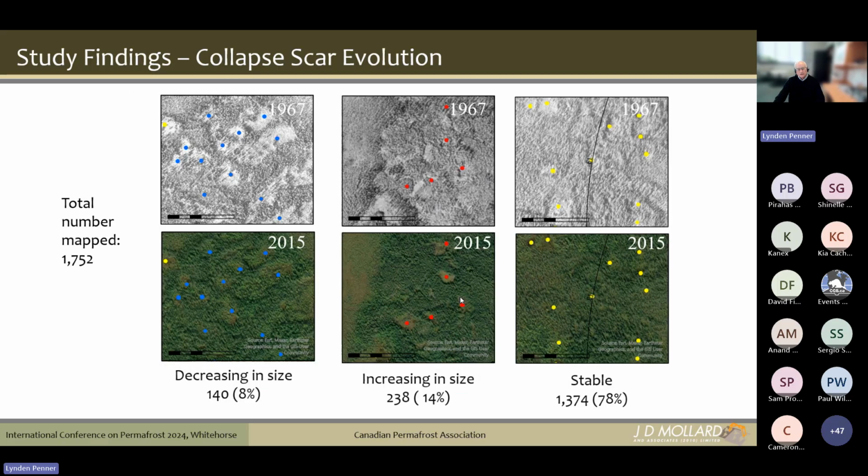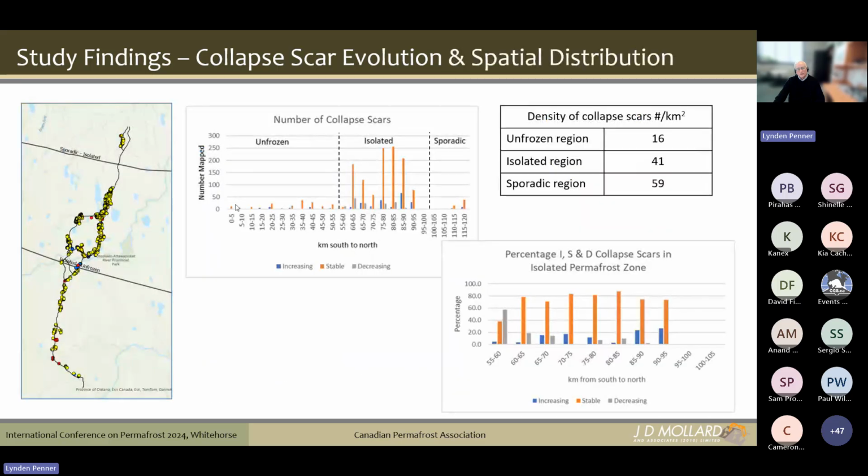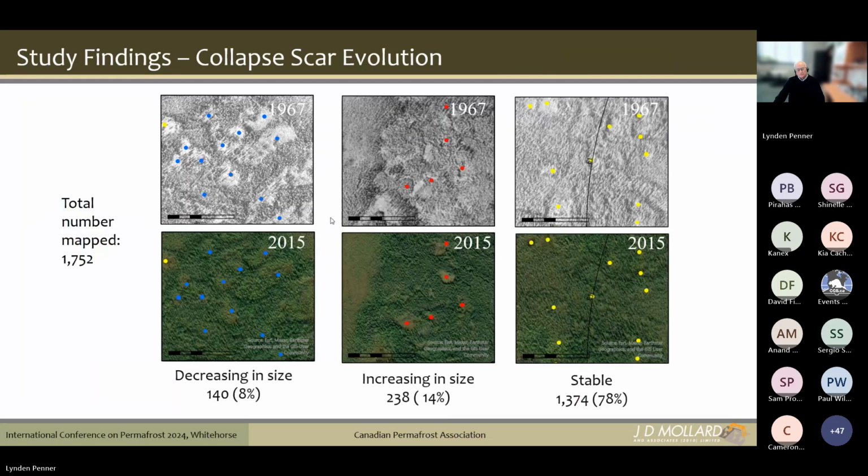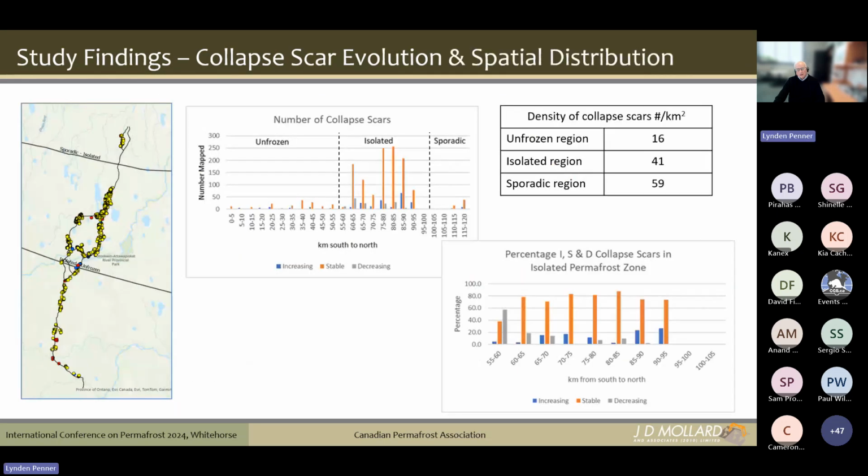And it was interesting to see that the majority of them are stable. So the orange bars are the collapse scars that are stable. The gray are ones that are decreasing in size, and the ones that are decreasing in size are more towards the south, and the ones that are increasing in size are more towards the north.